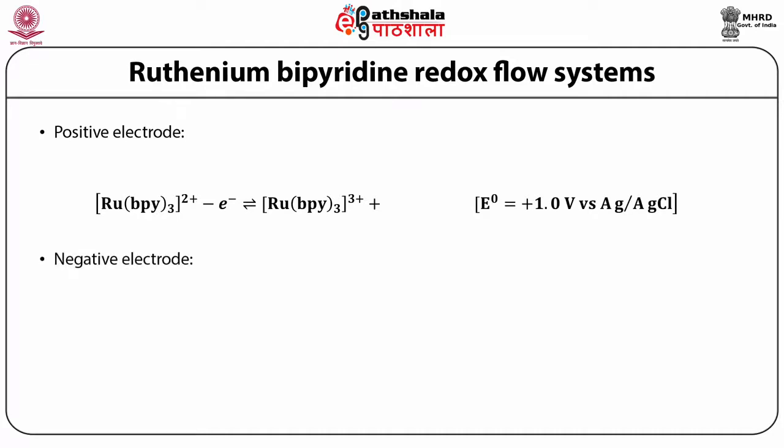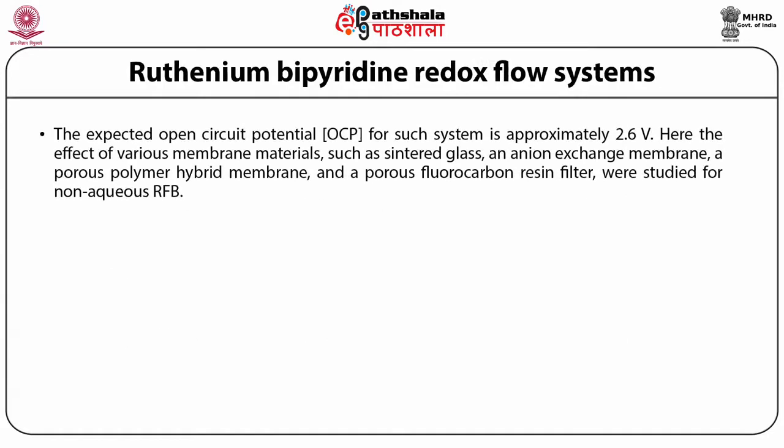At the negative electrode, Ru(bpy)3 plus charges or discharges to give Ru(bpy)3 2 plus 1 electron, with E0 equal to minus 1.6 volts versus AgCl. The expected open circuit potential or OCP for such a system is approximately 2.6 volts.